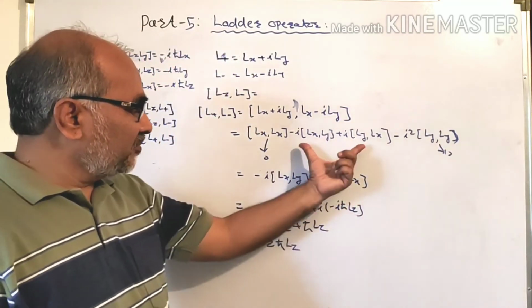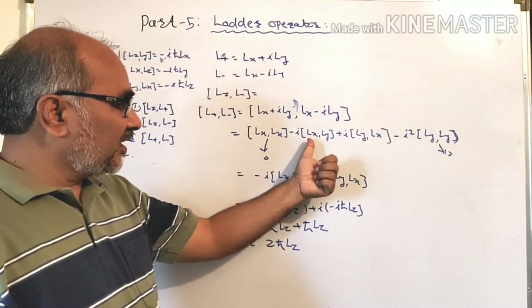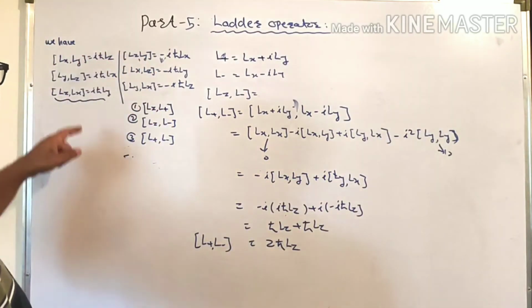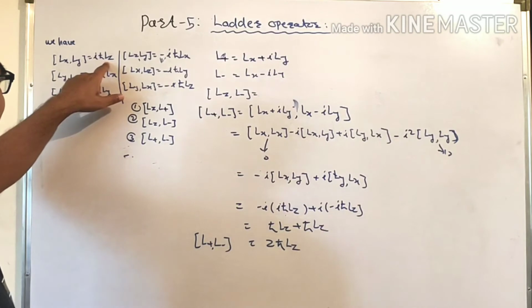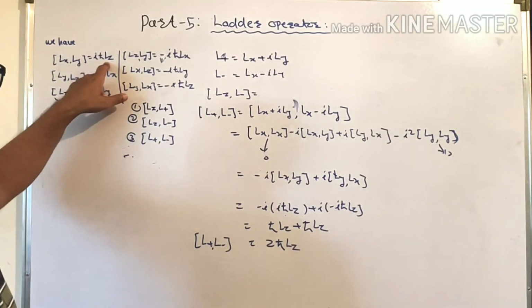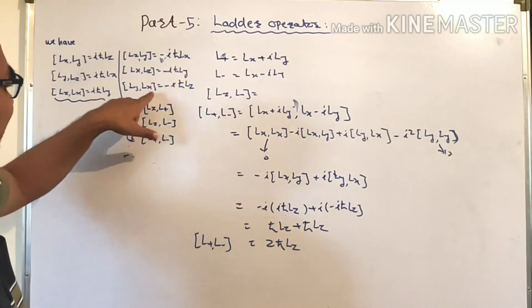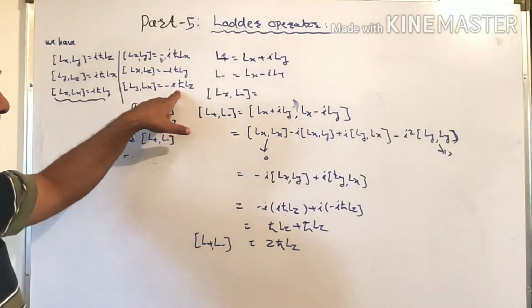What remains is the middle two terms, and we know that [Lx, Ly] is i ħ Lz.